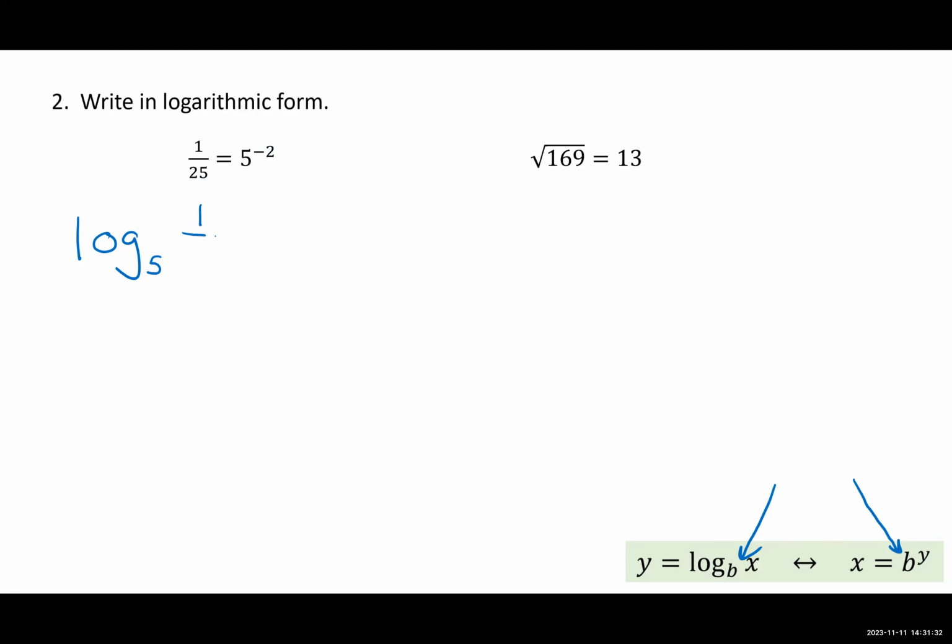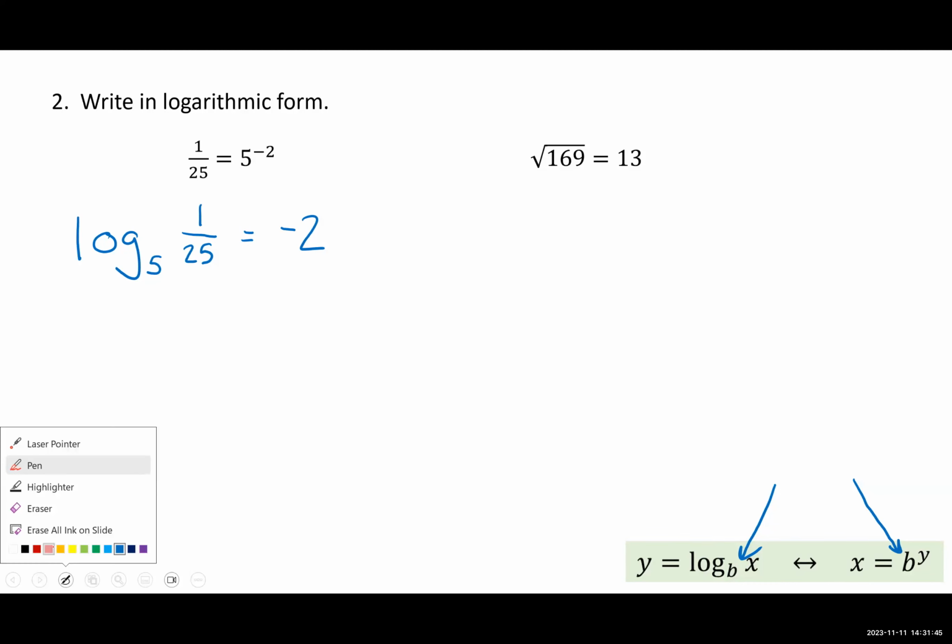of 1/25 is equal to negative 2. The log is always equal to the exponent.